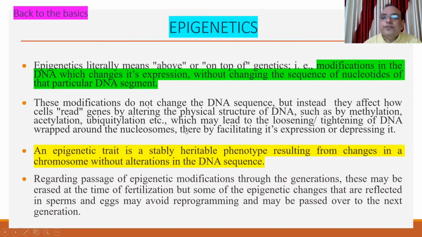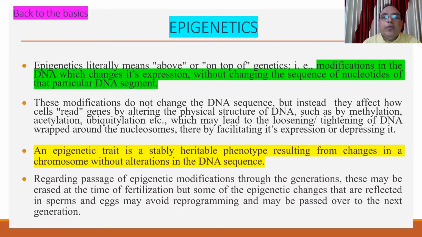You must have seen that when the DNA is being replicated or transcribed, the DNA is loosened. In normal circumstances, the DNA is tightly wrapped around the histone core in the nucleosome. But if a DNA has to be transcribed, that is, it has to synthesize mRNA.